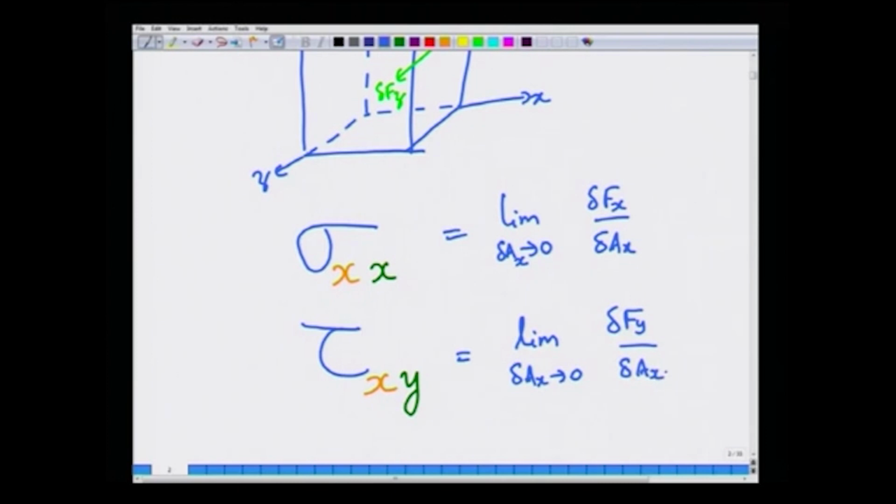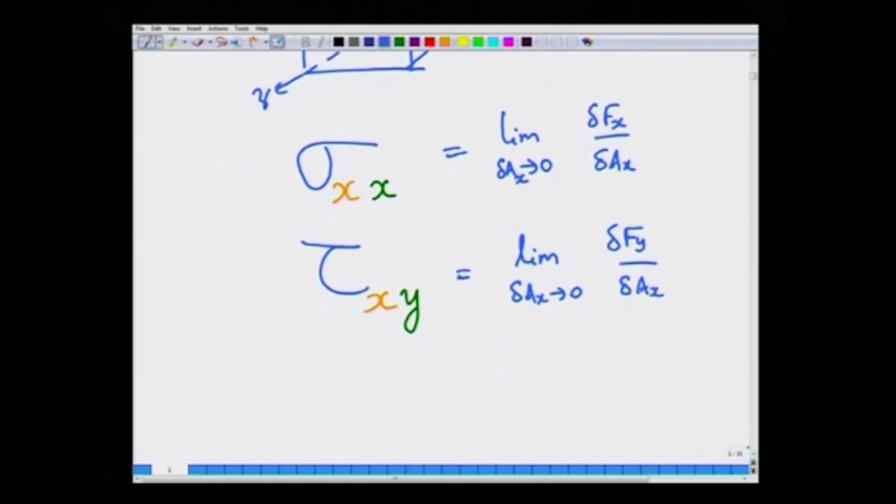The area on which the force is acting is in the x direction. Similarly, you can have tau x z, equal to the limit as delta A x tending to 0 of delta f z by delta A x.